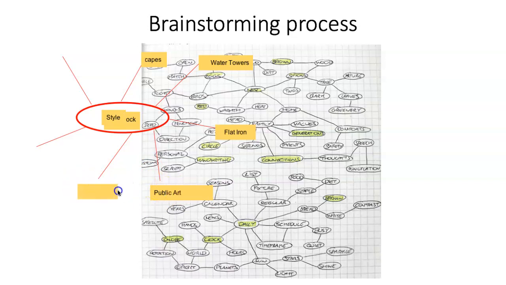What else do I want to put? Maybe I'll put a triumphal arch. Skyscraper. You get the idea, right? I want to put a restaurant. So you're having this kind of process figuring out what you want to do.